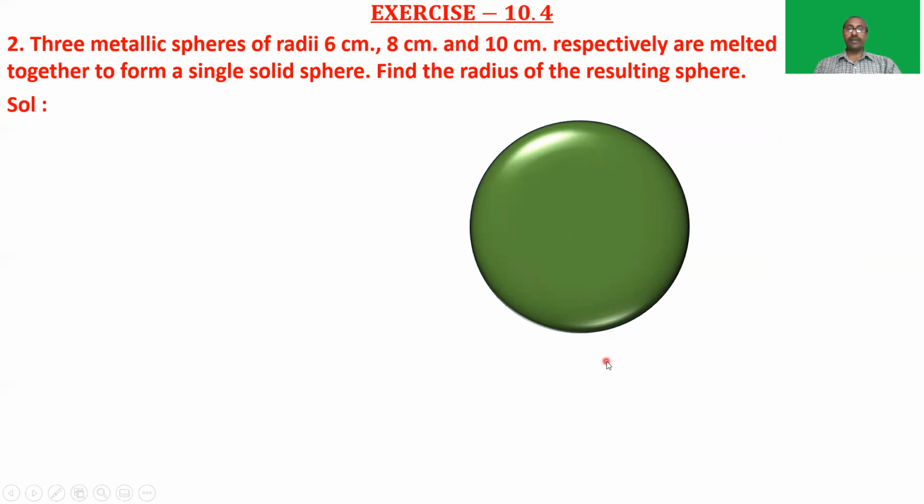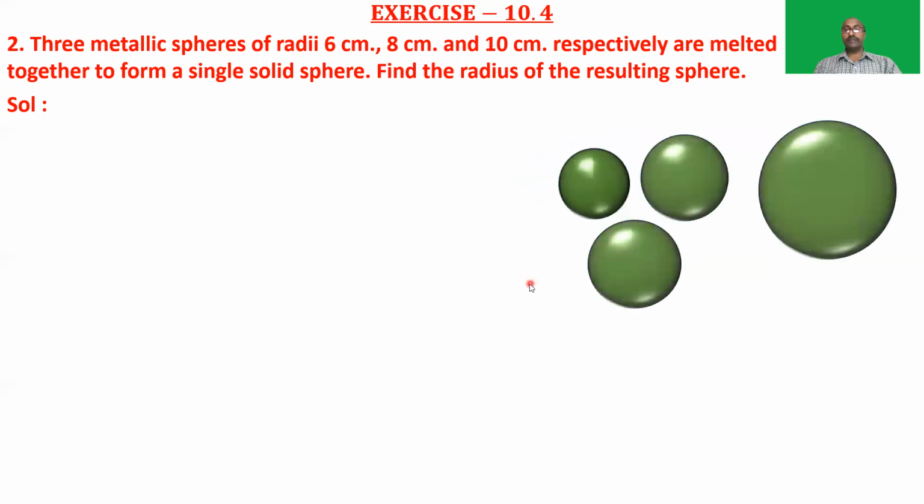By melting the small metallic spheres, this large sphere has been made. So as we learned earlier, the sum of the volumes of these 3 small spheres is equal to the volume of this large sphere.